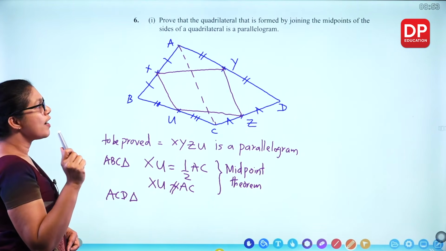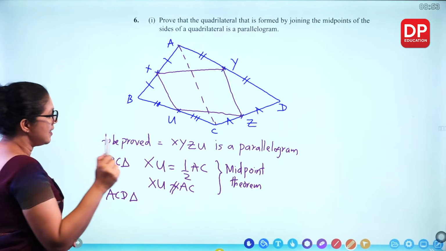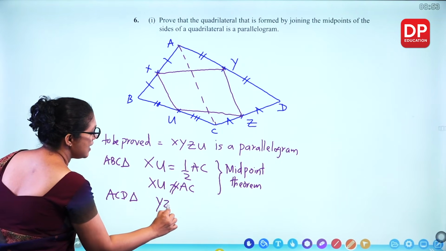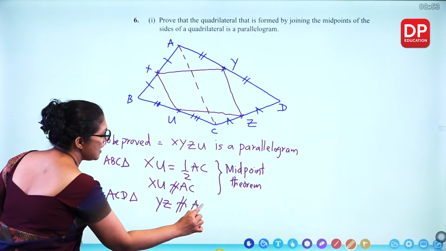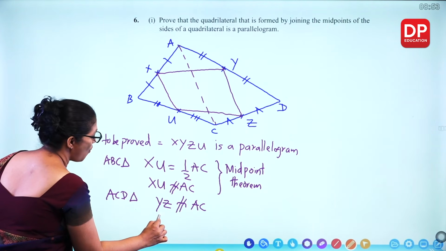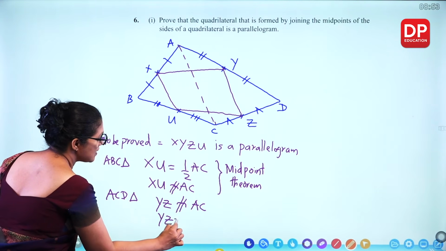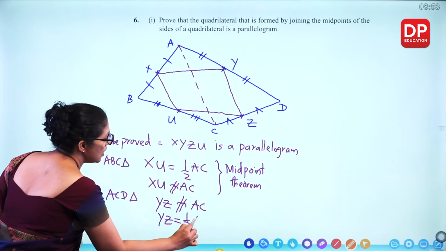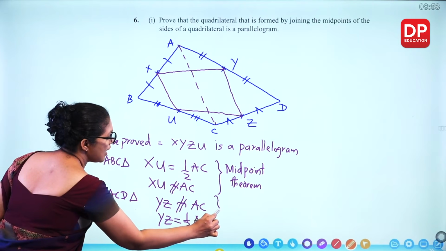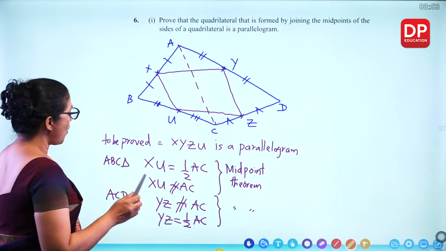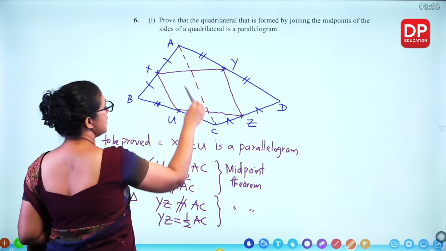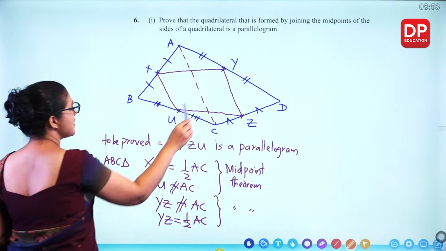When you join the two midpoints, the line YZ is parallel to AC as well as YZ is half of AC. Again, midpoint theorem.